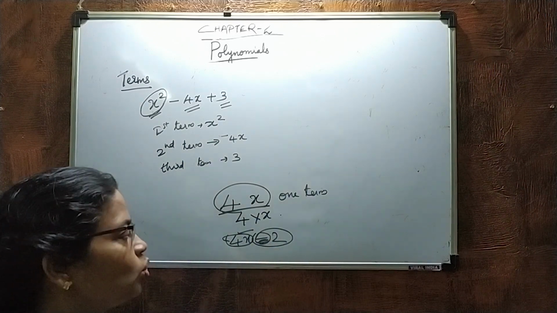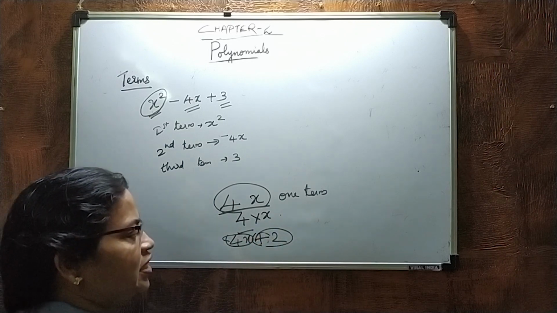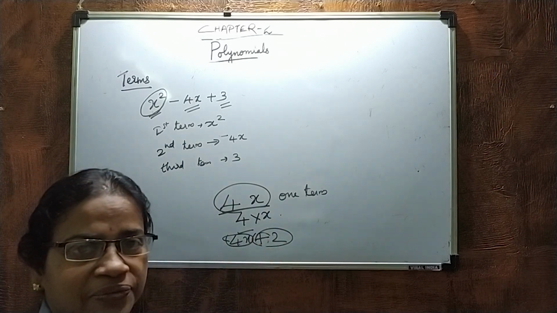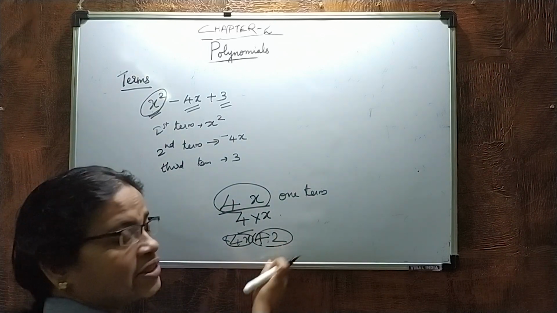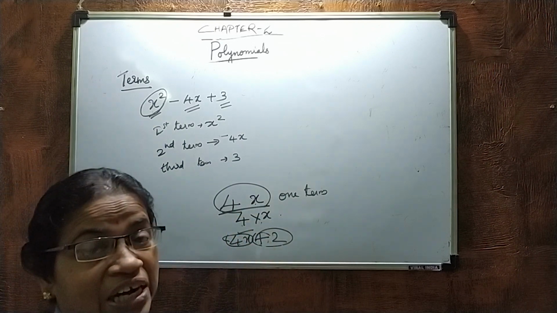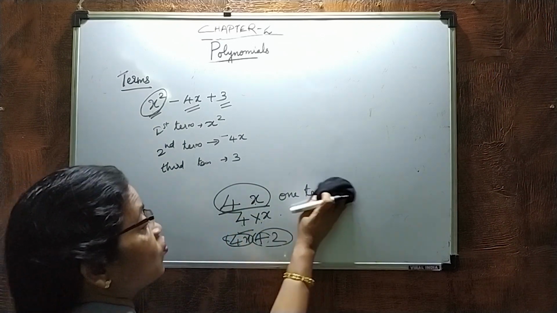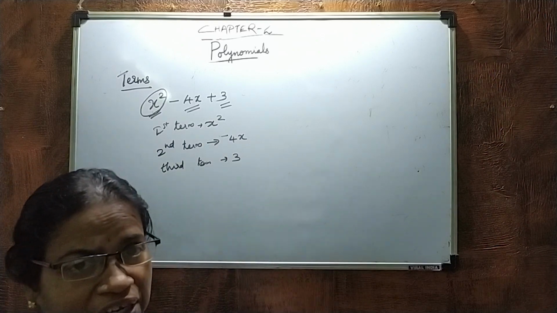If it is plus, then also two terms are there: 4x is one term, 2 is another. Here 4x means 4 into x, so clearly it is one term, not connected with plus or minus.